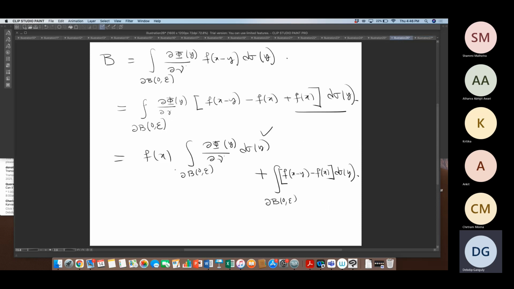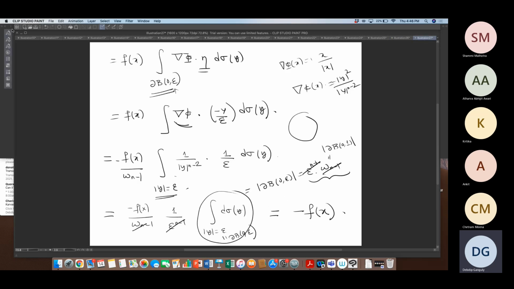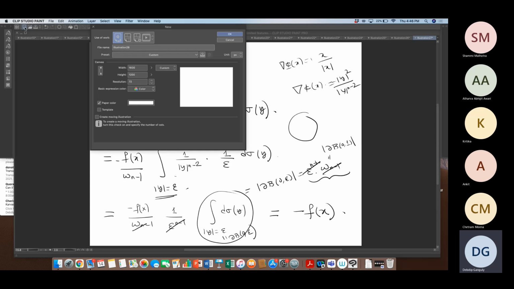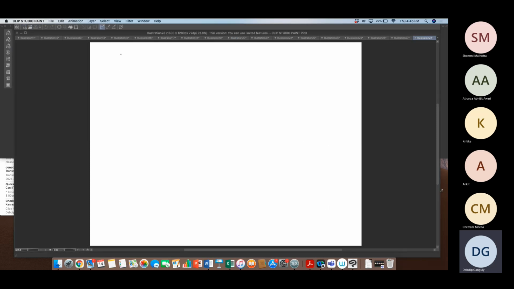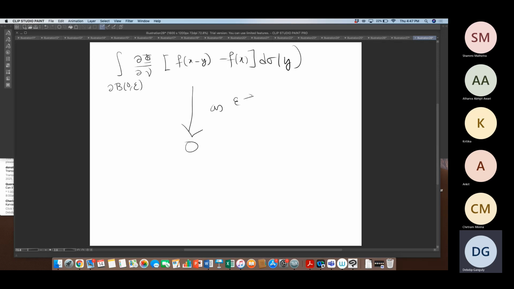So from this integral I get minus f of x. And the rest is this. Where should that integral go? Any idea? The rest is the integral over ∂B(0,ε) of ∂φ/∂ν times f of x minus y minus f of x, dσ_y. This will go to 0 as epsilon goes to 0.